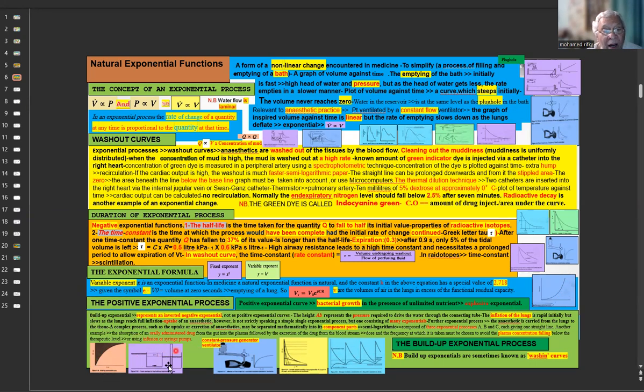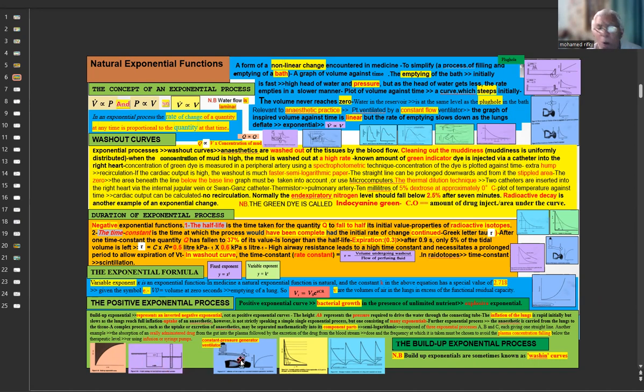This is our example, showing how we have a head of pressure between this compartment and the other, and how the fluid goes from this compartment to the other through a plug hole, as you can see.